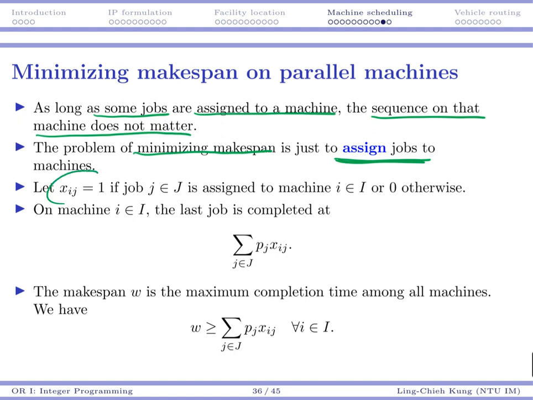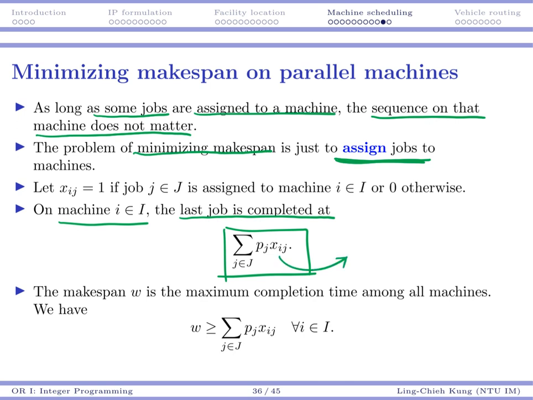To do assignment for job j and machine i, let's say x_ij is 1 if job j is assigned to machine i. That makes sense. Then for machine i, the last job would be completed at this particular time moment. These labels show which jobs are assigned to myself.